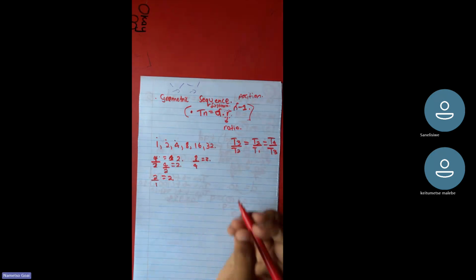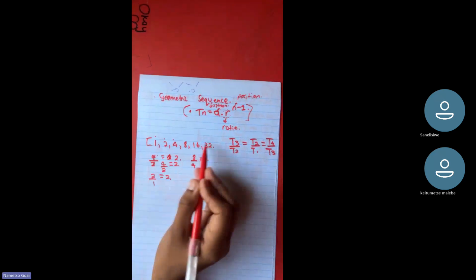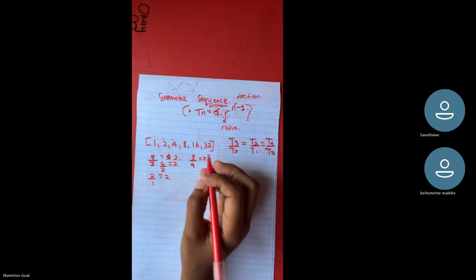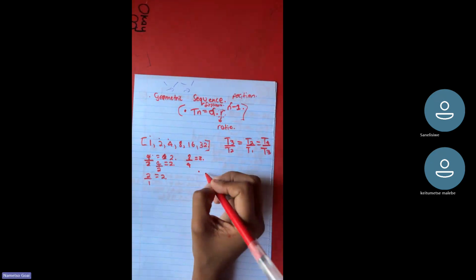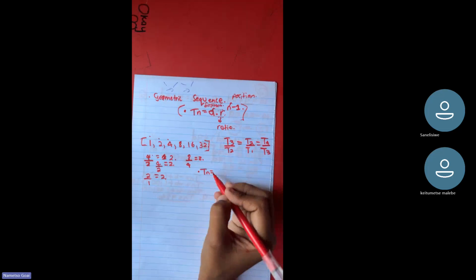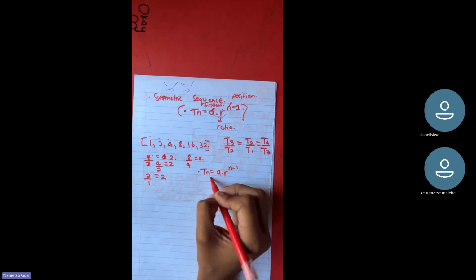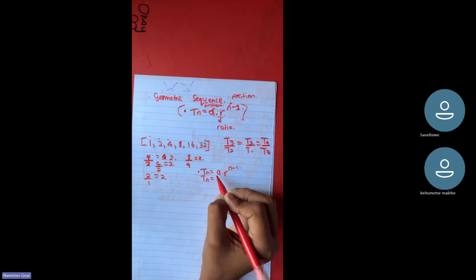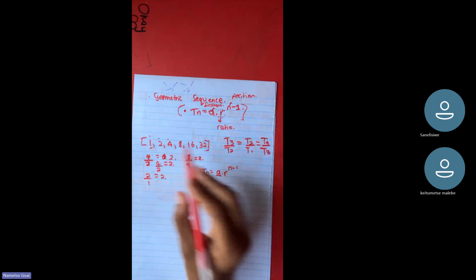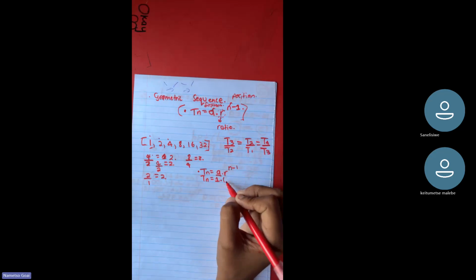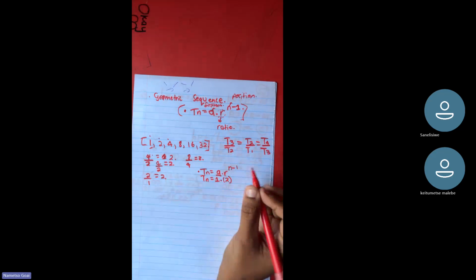Do you get that? So since we have this sequence over here, let's try and express it in its general formula. Tn will be equal to, what is our first term? 1 multiplied by, what is our common ratio? 2.